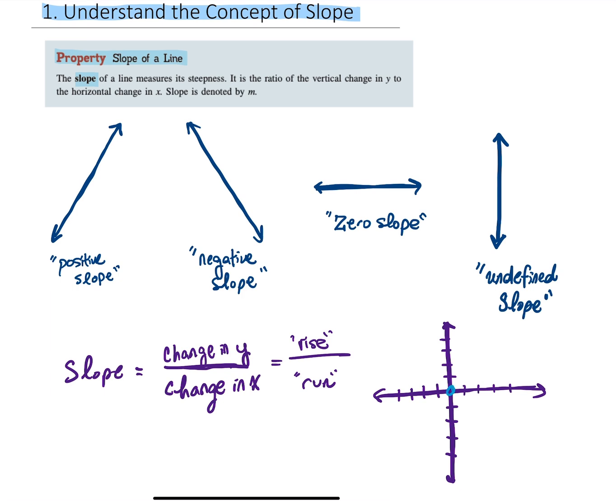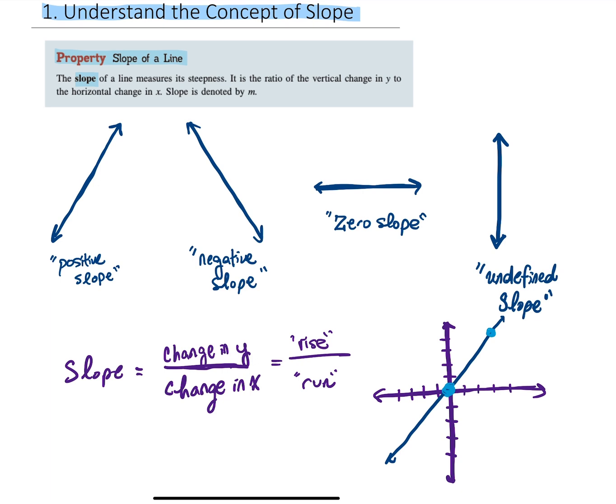Let's say it goes through the origin and the point (3, 4). So that would be up here. So plotting a line using 2 points like what we've done previously. But now we'll be able to quantify how steep this line is. What is its slope?